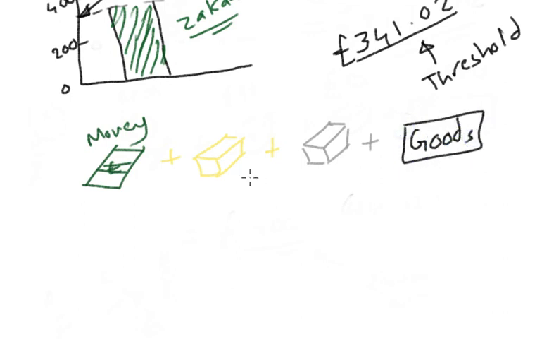These goods also need to be totaled. So we add them all up. Let's say he has 100 pounds, 50 pounds worth of gold, 50 pounds worth of silver, and 200 pounds worth of stock.